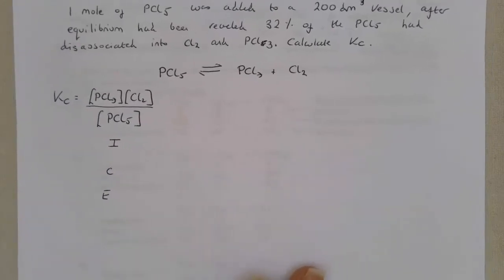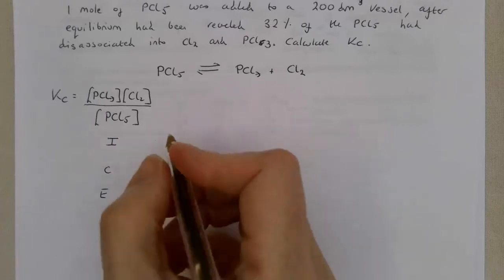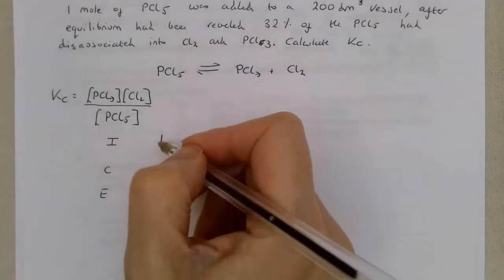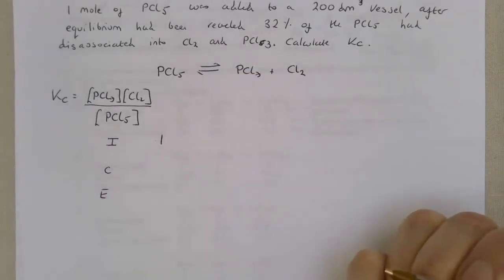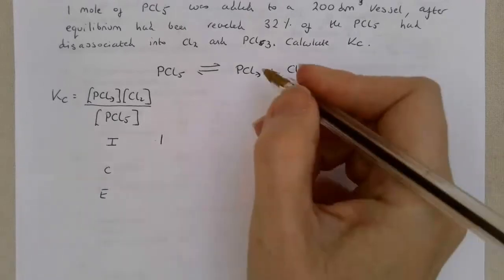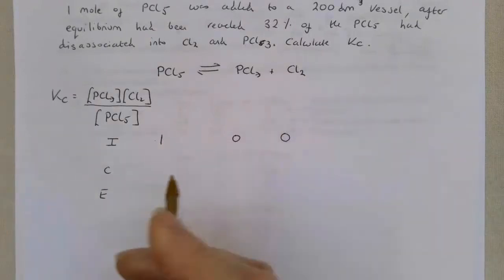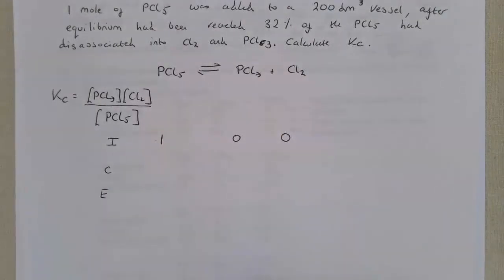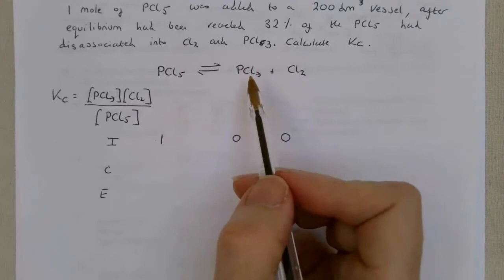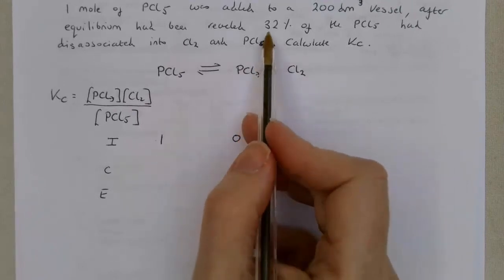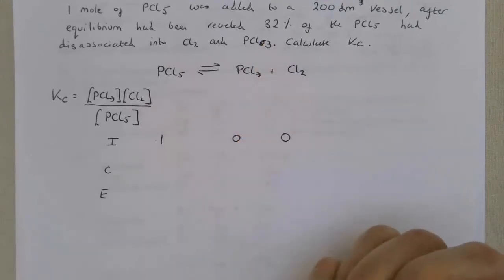I'm going to construct a little ICE table, I, C, and E. So initially, I have 1 mole of PCl5. Because they're products, initially at least, I can assume I've got no PCl3 and no chlorine, because none of this has dissociated. I'm told that after equilibrium had been reached, 32% of the PCl5 had dissociated.